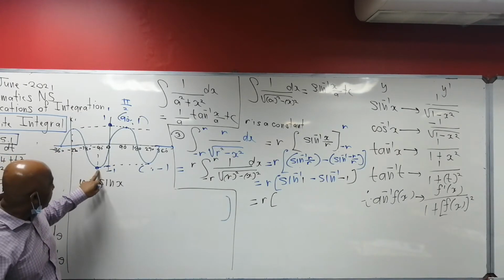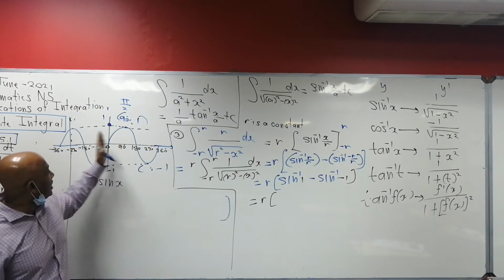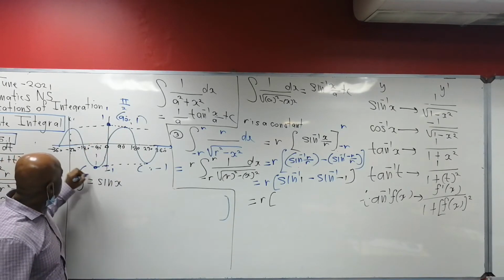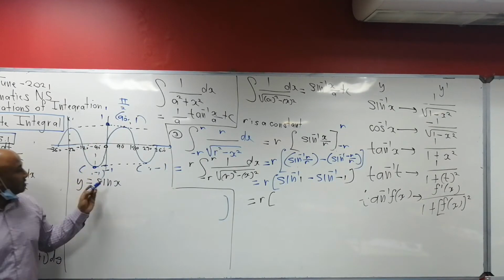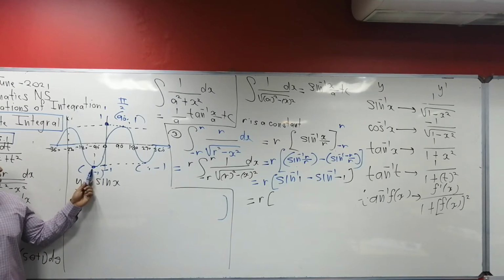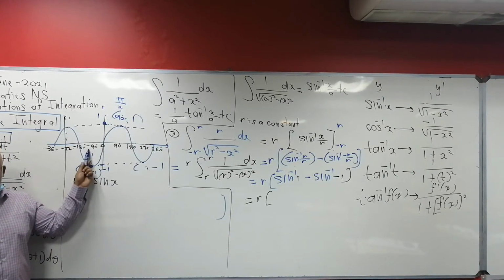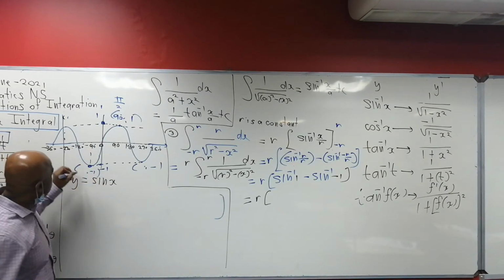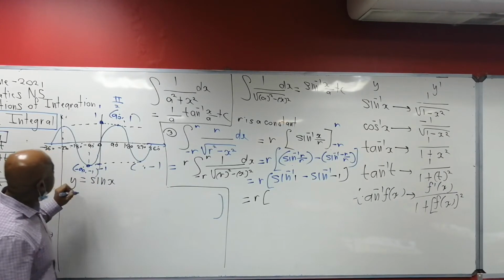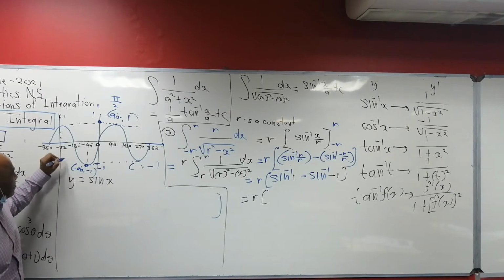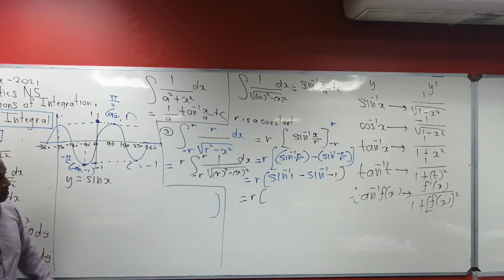Right, so we will work with the one that's very close here, from minus 90 to 90. So we know that y is equal to minus 1. What is the corresponding x value when y is equal to minus 1? Minus 90. Can you see that? So there's minus 90 degrees there, which in radians is minus pi over 2.